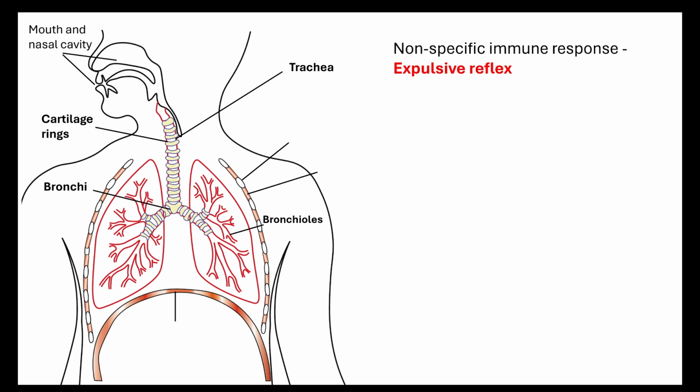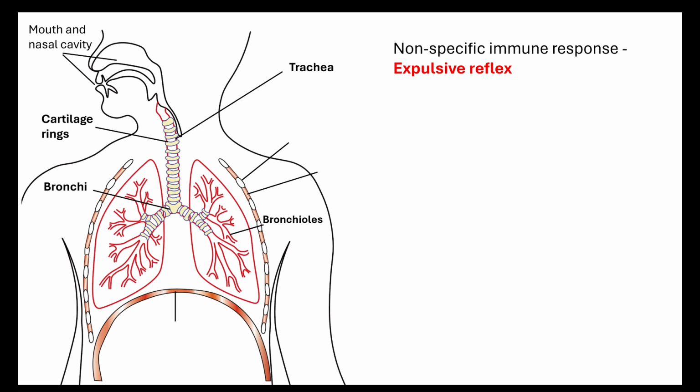And in the bronchioles, it's really important, again, linking back to our other modules, to understand what's known as the expulsive reflex. Now, if we have breathed in air and unfortunately there is some form of dust or maybe a bit of fluid has got into your trachea, we don't want any of that getting down into our lungs.